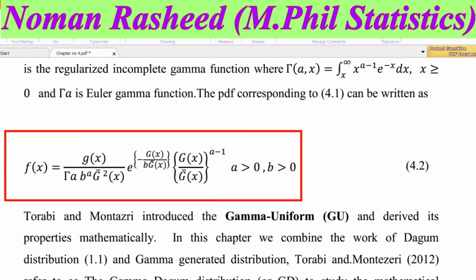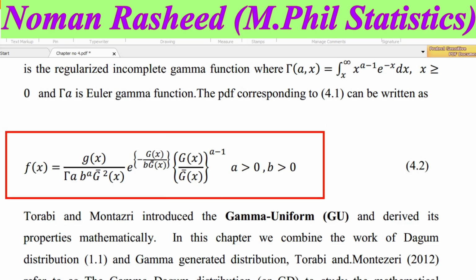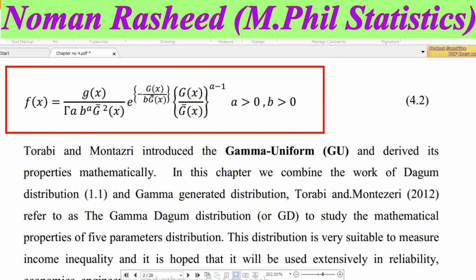This is the general model based on the gamma distribution. They also attached the uniform distribution on the basis of this model, and they called this distribution the gamma uniform distribution. You can easily study this paper online. They also provided some basic properties.